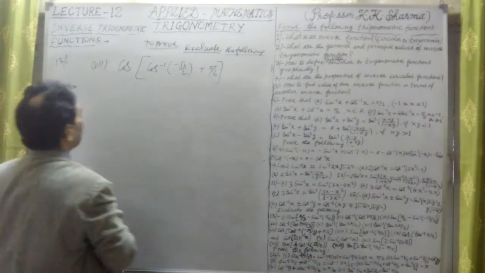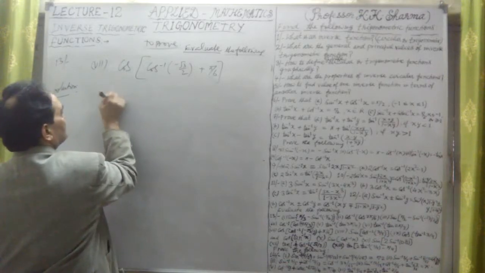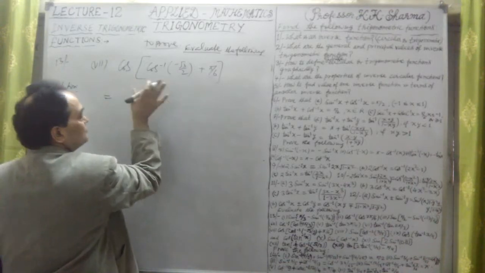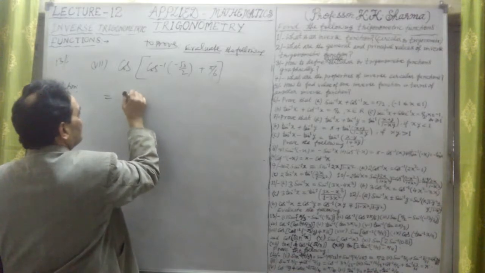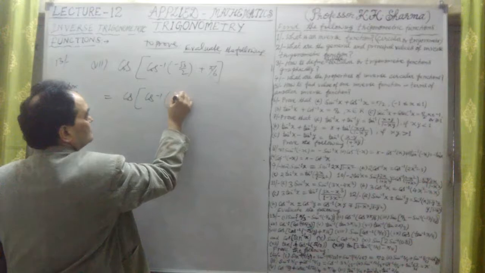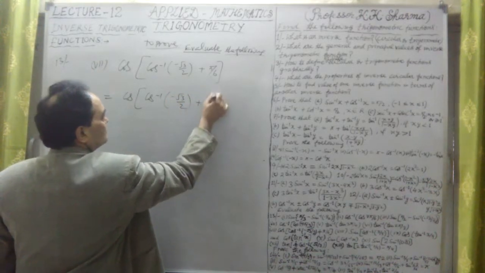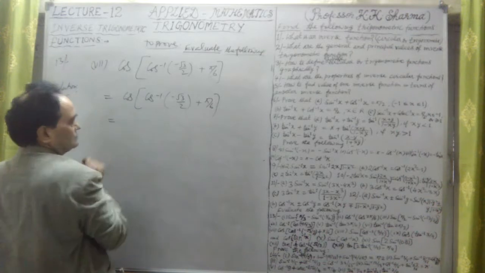No problem at all. Let us take this now. We have to evaluate the value of cos of cos inverse of minus root 3 by 2 plus pi by 6. I am writing this as it is.